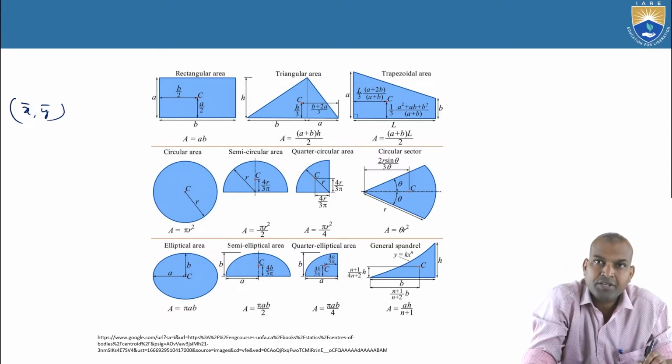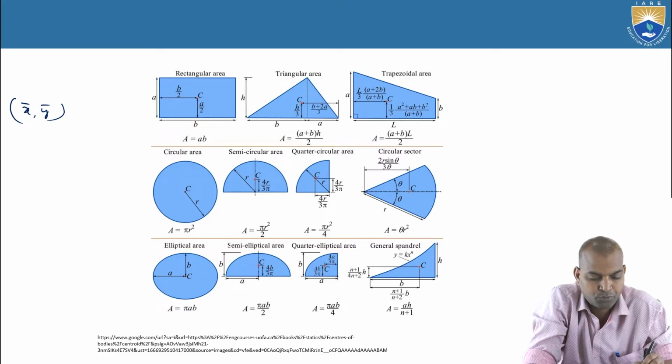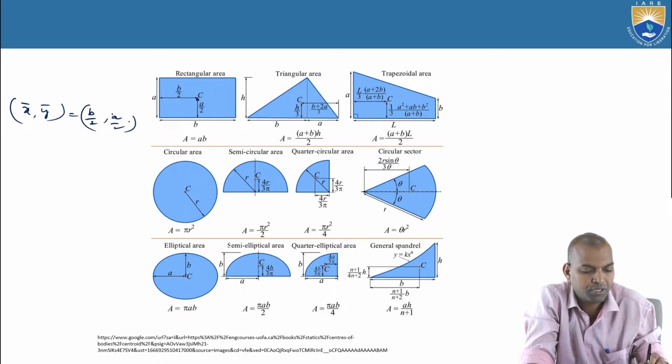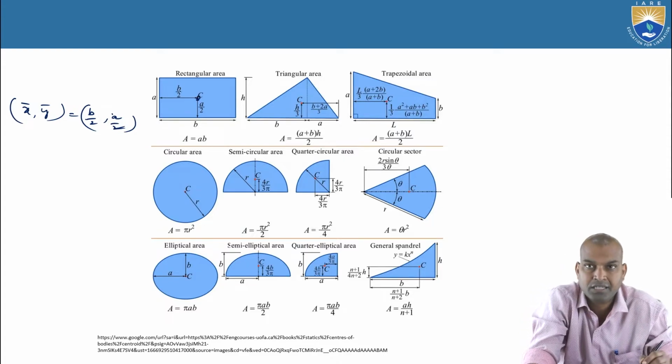In this rectangular area, the point C is the centroid, with vertical distance a by 2 and horizontal distance b by 2. That is, b by 2 comma a by 2 is the centroidal point C for the rectangular area in this figure.